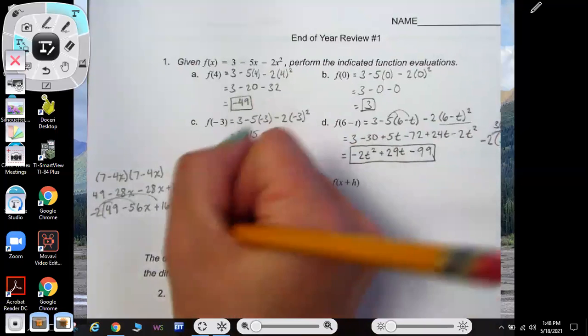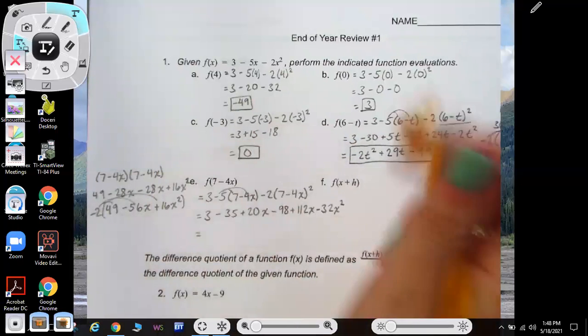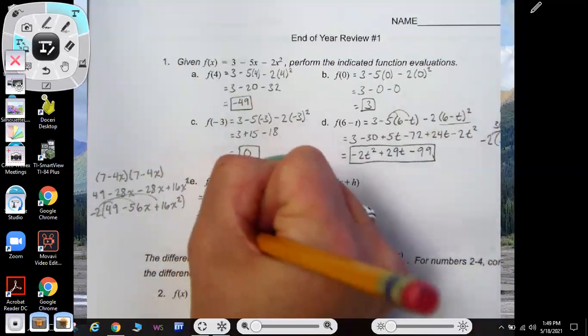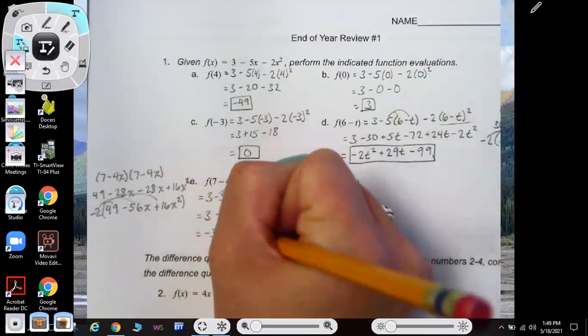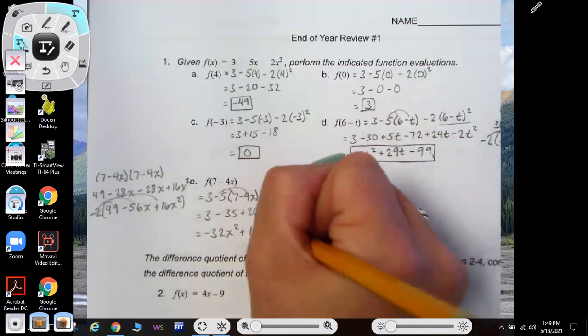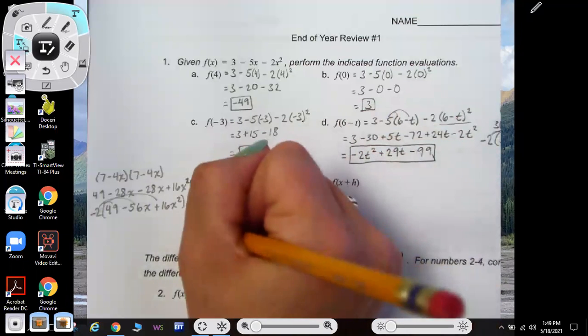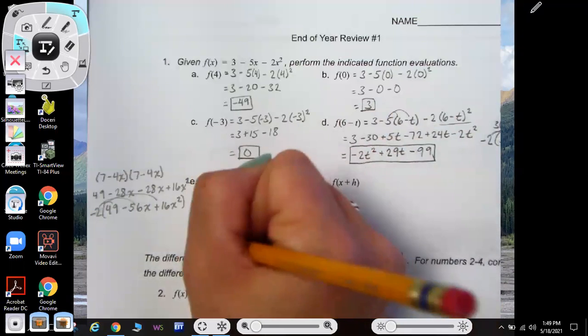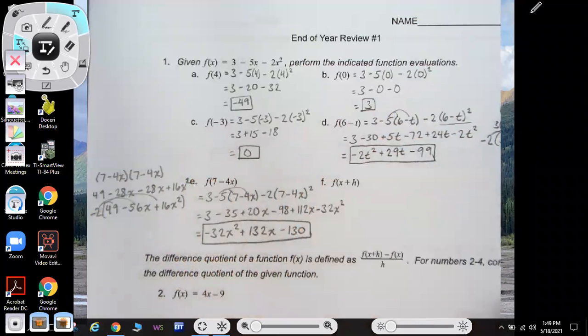Okay, then combine like terms and write this in the correct order. We get negative 32x squared plus 132x minus 130. That's our answer for 1E.